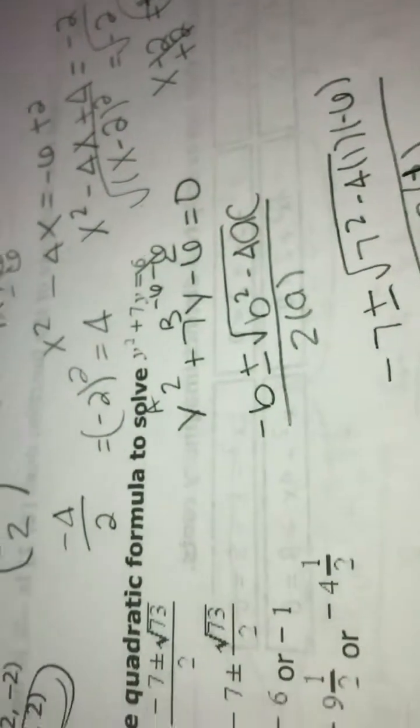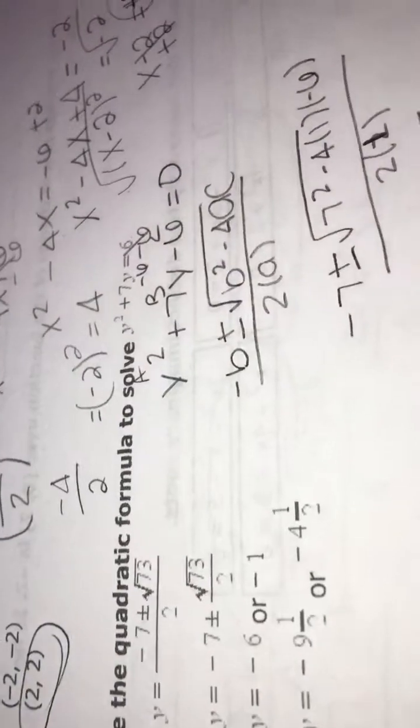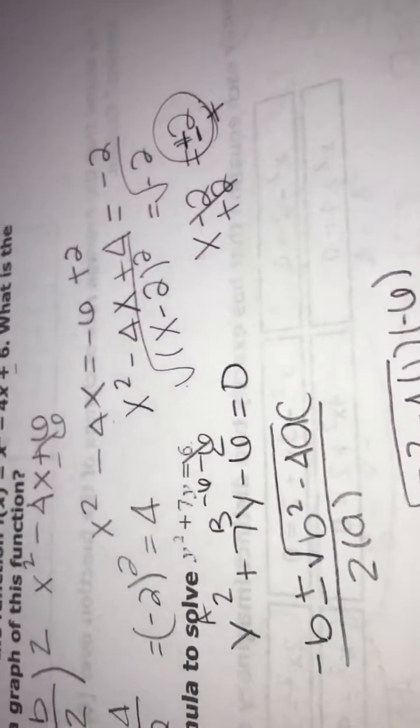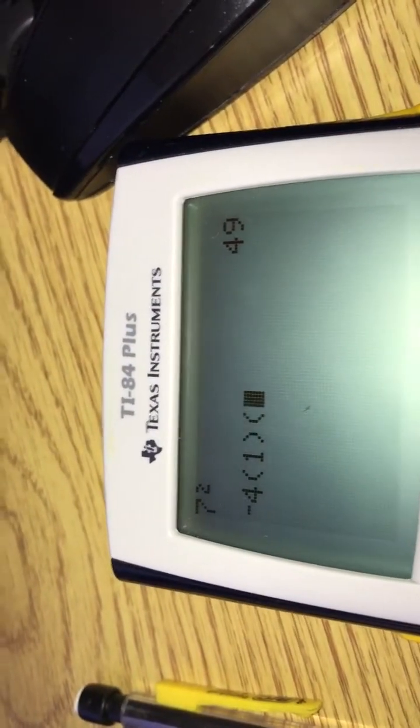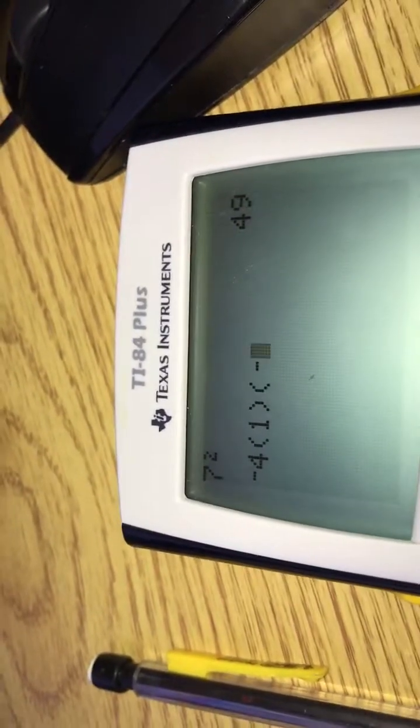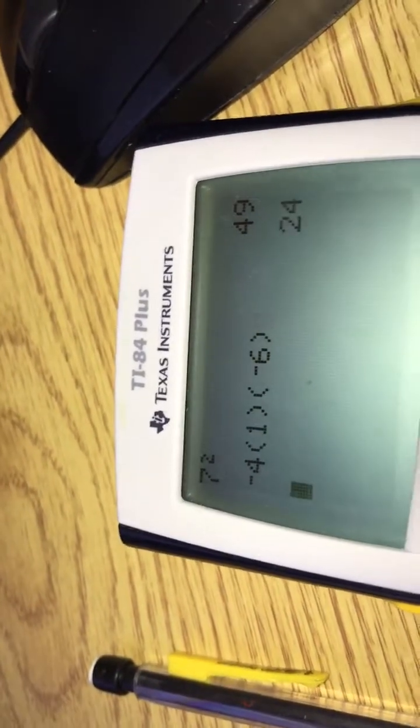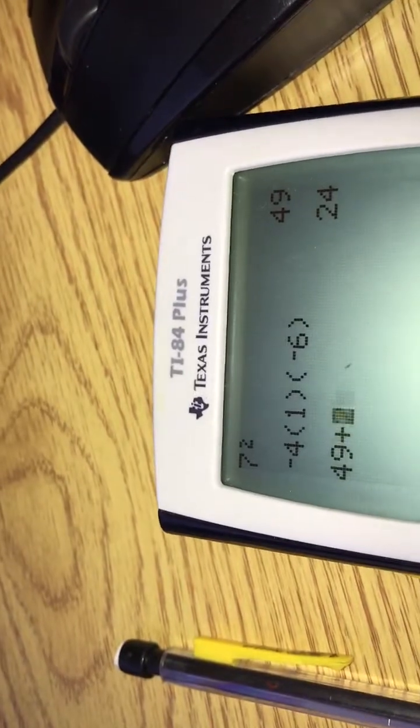Okay. So 7 squared is 49. Negative 4 times 1 times negative 6 is 24. 49 plus 24 equals 73.